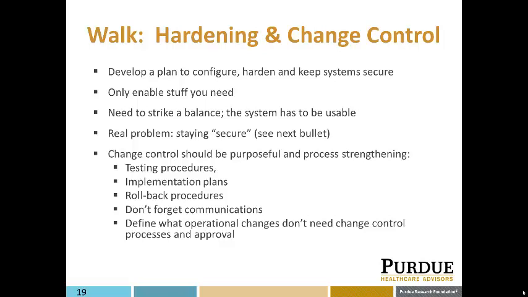What's key to making your change control process flow smoothly is to define what are operational changes that don't need formal processes and approval. For instance, giving someone access to a file share that is generally given to everyone within their role, if that's a standard process, that might be something that we can make that change within Active Directory, and we don't have to get a committee, or we don't have to get consensus on that change request, because it's a standard process.